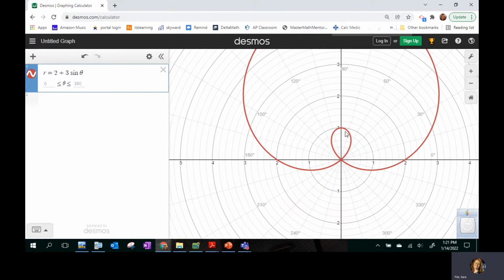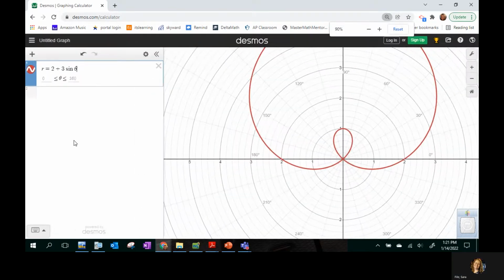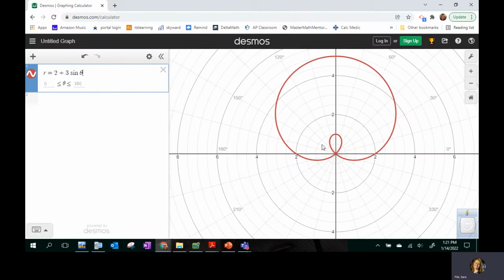Okay, so this particular one I just wrote out, this one is a limaçon with an inner loop. It's going up because it's positive sine. Okay, and 3 plus 2 is 5, so the top is at 5. And 2 minus 3 is 1, okay? And it's negative, so it's 1 in the same direction as the height. So that one loops in.